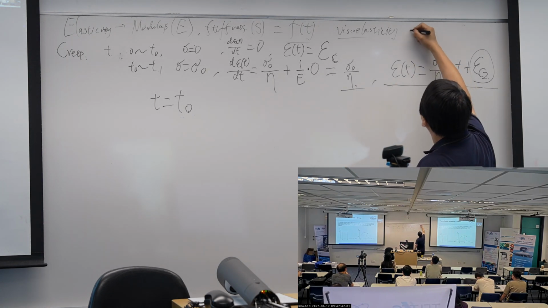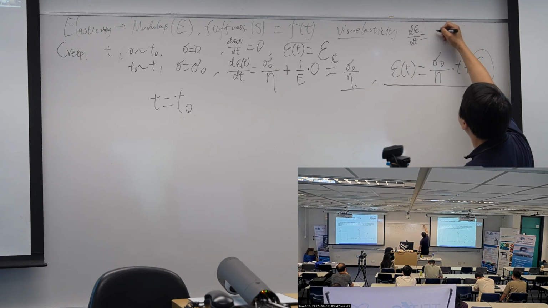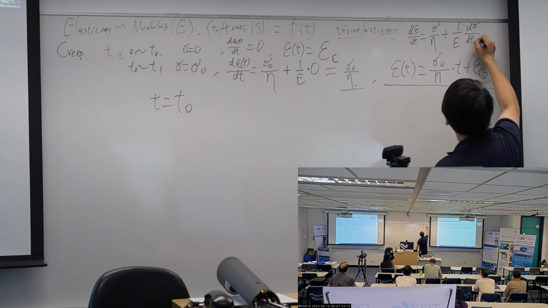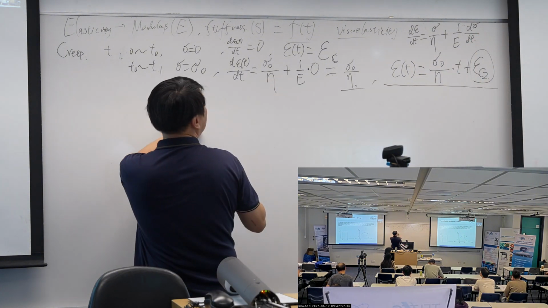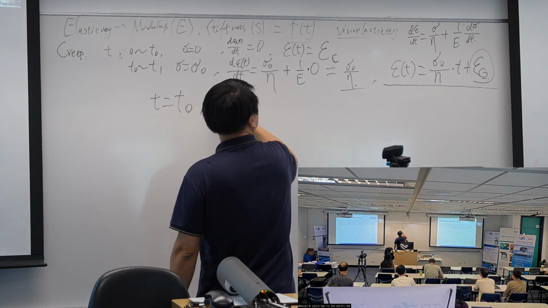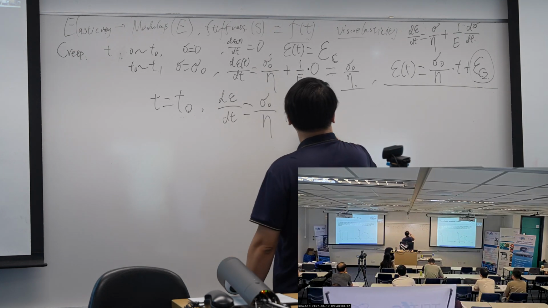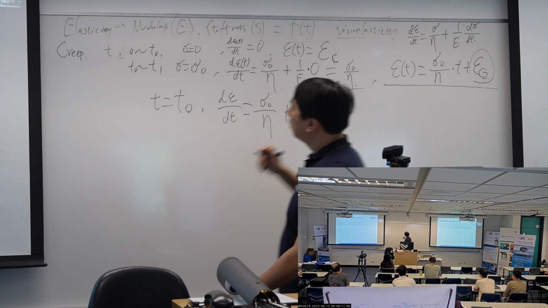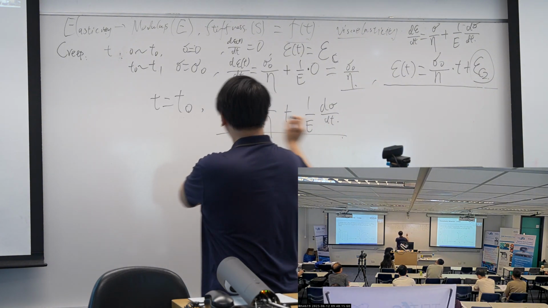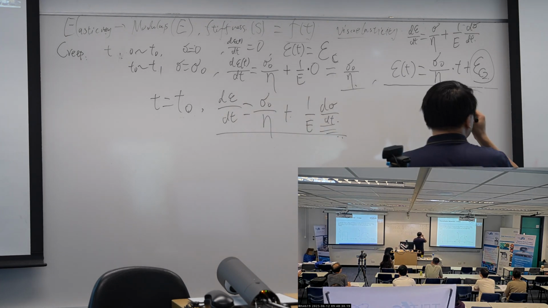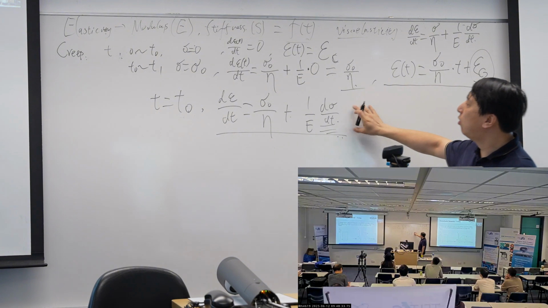Sorry, d epsilon over dt equals sigma divided by eta plus this term. When t equals t0, d epsilon over dt equals sigma 0 over eta plus this one. This one is decided by the speed.